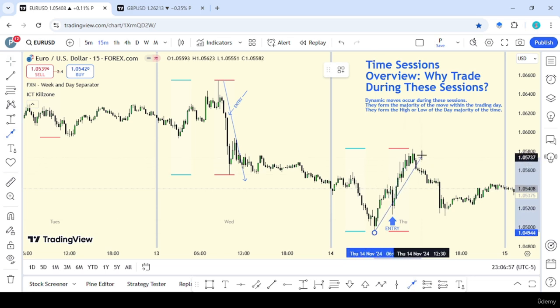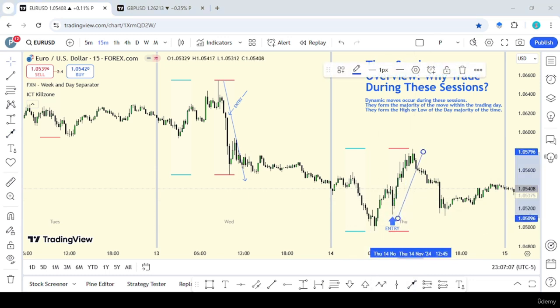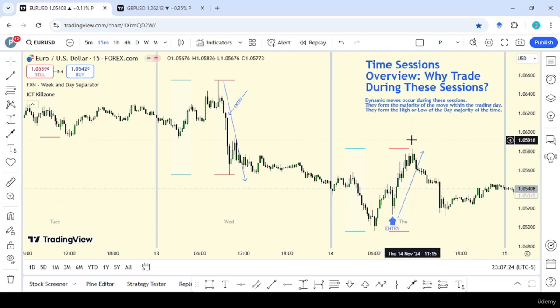Another example is here. We had this movement here. From creating that low, we had that movement higher during the New York session. From this low here, we had this movement during the New York session. It's another dynamic move. So I've said that the New York session and the London session form the majority of the move within the trading day.